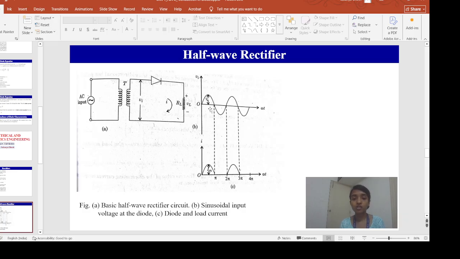So for the 0 to pi interval, during the positive half cycle of the input signal only, we are getting the output, but for the negative half cycle, since the diode is off, we are not getting any output. The same will repeat for all the positive half cycles, but for the negative half cycles we won't get any output.